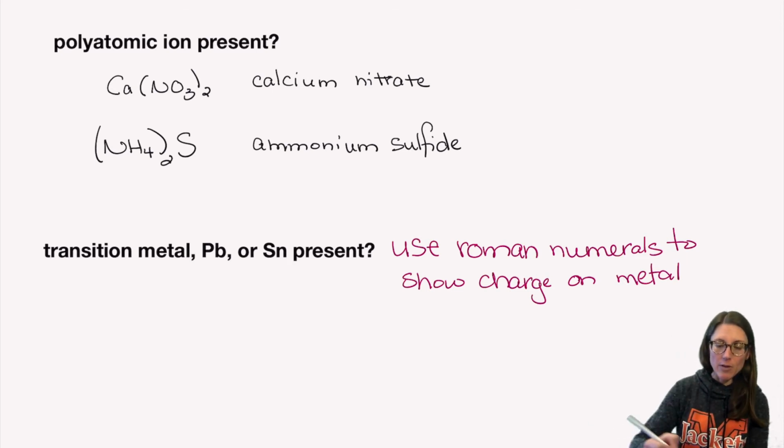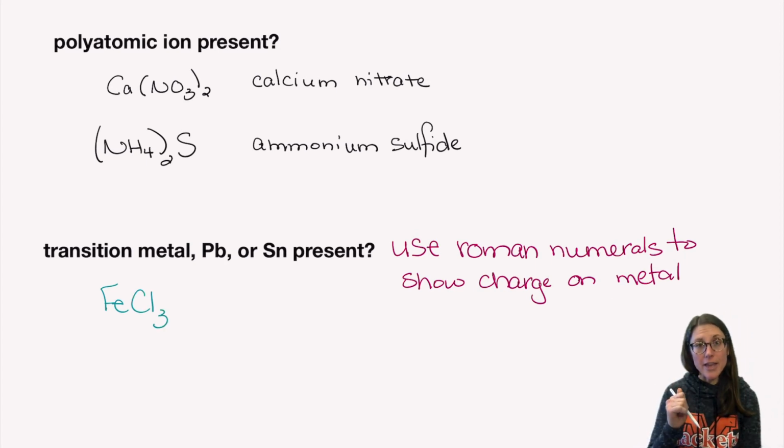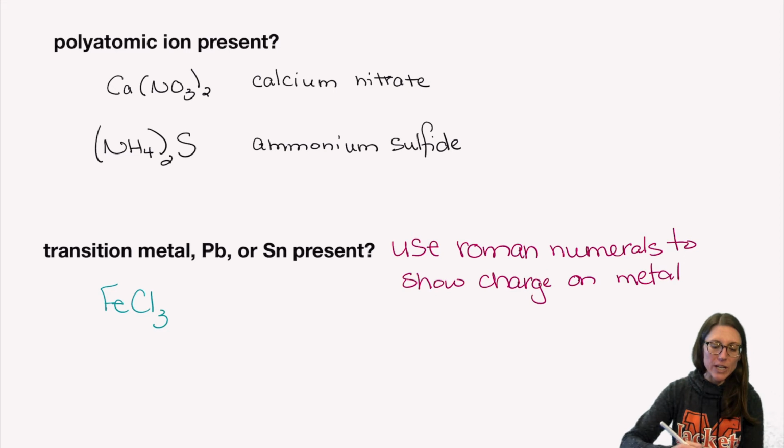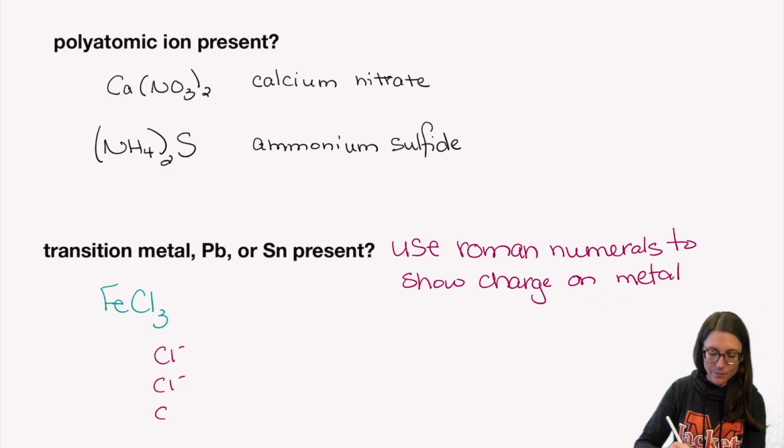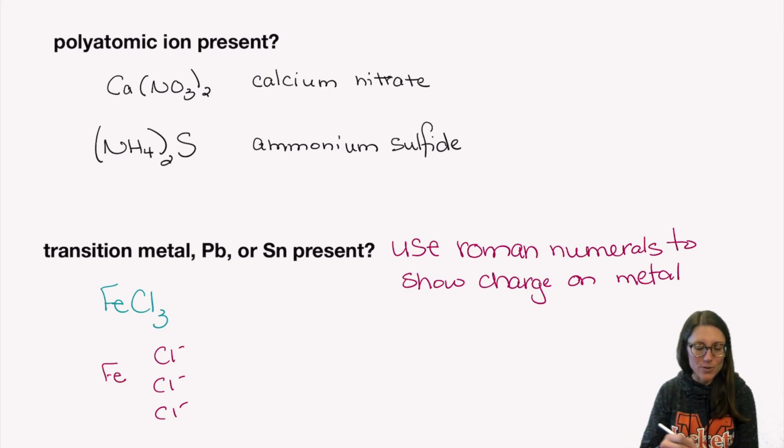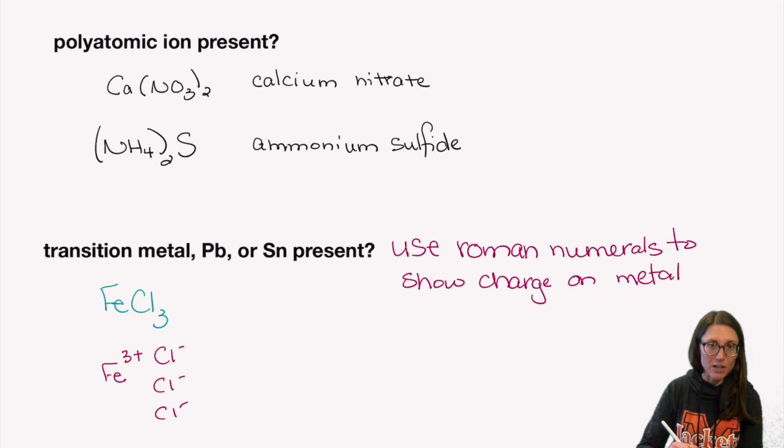So for example, if I had something like FeCl3, okay, we know each chlorine has a charge of -1, and I've got 3 of them. So let's draw this out here real quick. So I've got 3 chlorines, each with a charge of -1, and I've got 1 iron. Well, I know the charges have to be equal, so that means my charge is +3.